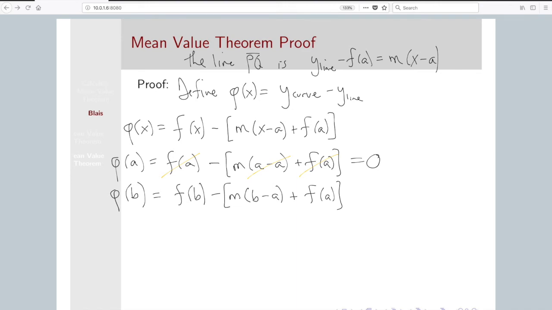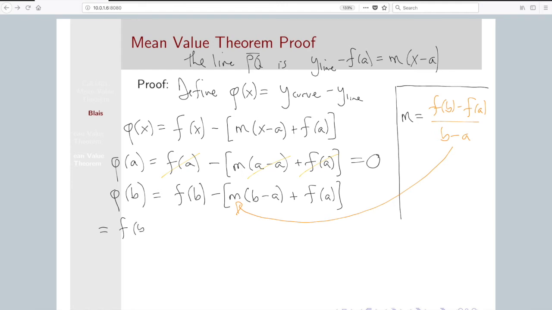Recall the slope of that tangent line, m, was the rise over run, f of b minus f of a over b minus a. If we plug that in for m here, this becomes f of b minus... let's think about what happens when we plug this rise over run expression that we derived on the previous page in for m.